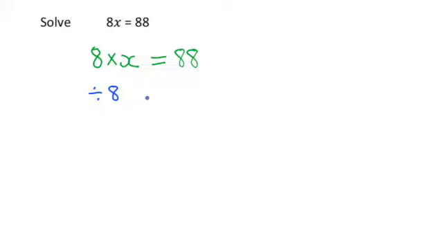Now, the rule for equations is that what I do on one side of the equation, I need to do on the other side. So I've divided by 8 on one side of my equation, meaning I need to divide by 8 on the other side as well. Now I have 8 times x divided by 8.